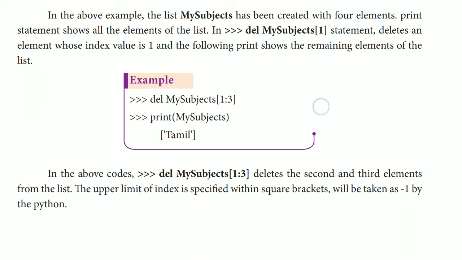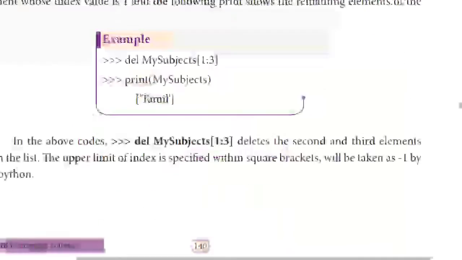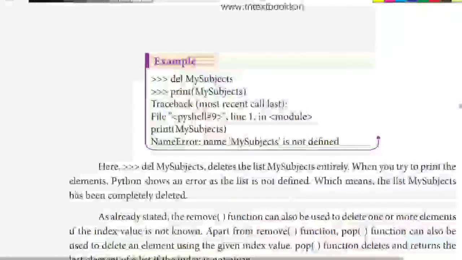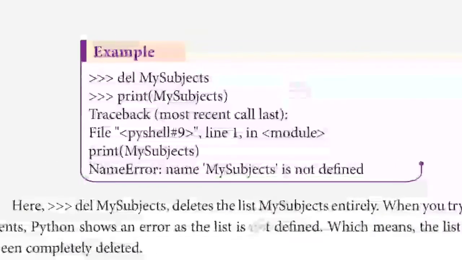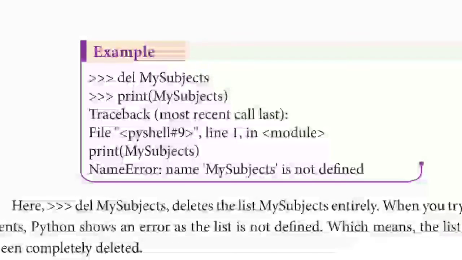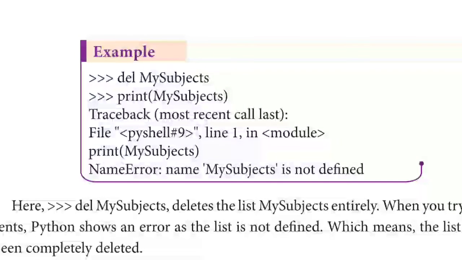In the next example, del my subject, the whole list is deleted here. But in the next statement we try to print the list and it provides an error message.